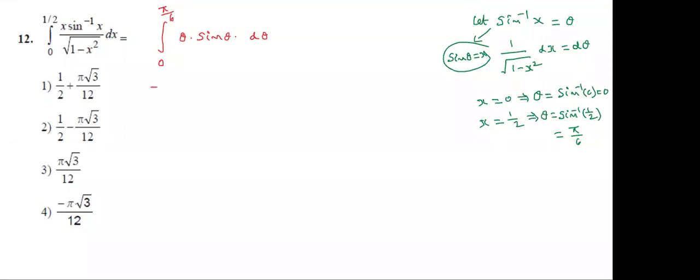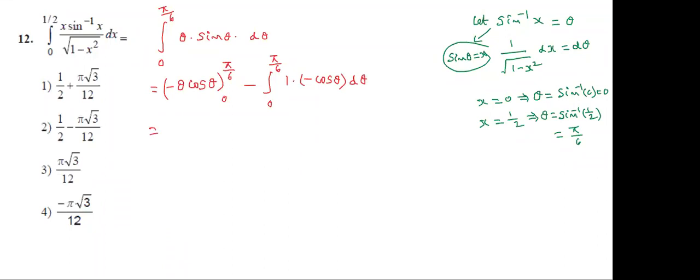So which is the first function? Theta is the first function. Integration of sine theta is minus cos theta, limits 0 to pi by 6, minus integration from 0 to pi by 6 of the derivative of theta, 1, times the integration of sine theta, minus cos theta, d theta.